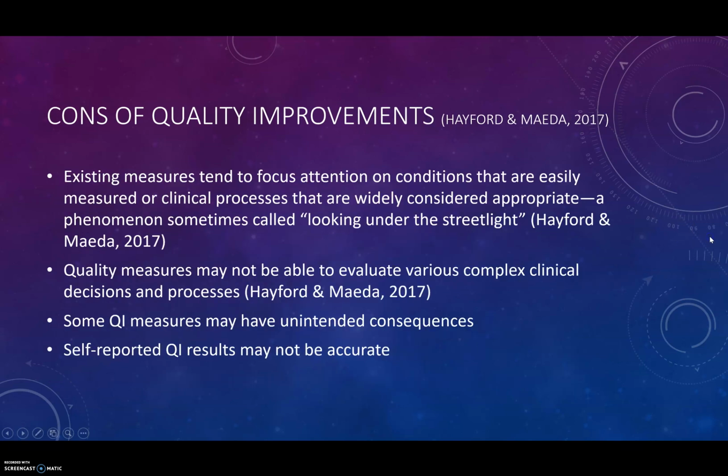On the other side, there are several cons of quality improvement. The accuracy of the self-reported results may not always be appropriate. Although quality improvement measures are helpful, some measures will have unintended consequences. There may always be difficulty in evaluating complex clinical decisions and processes.